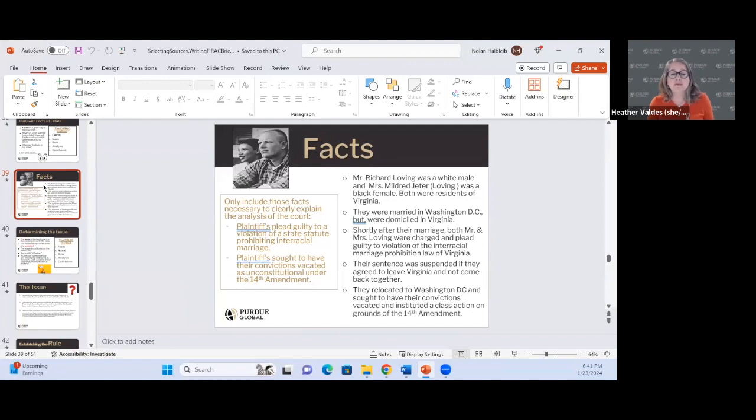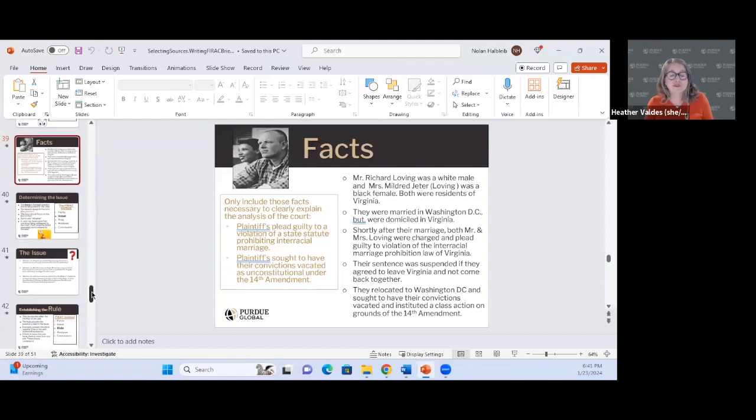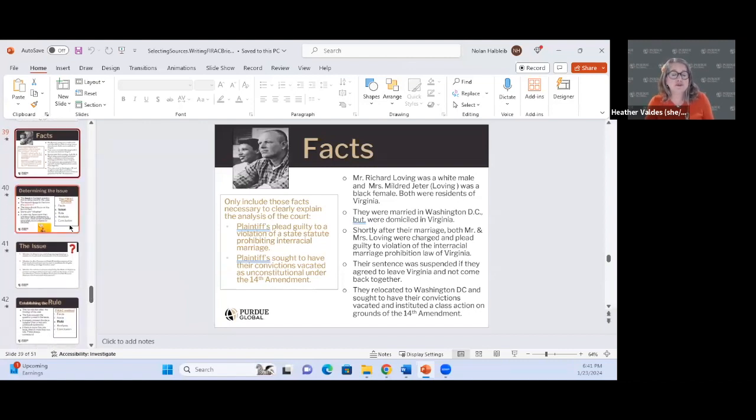This case is about Mr. Loving, who was a white male, and Mrs. Loving, Ms. Jeter, who was a black female. They were residents of Virginia, and it was unlawful for them to be married there. They were charged and pled guilty to a violation of law.